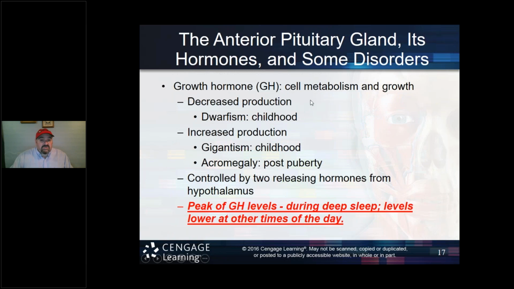So you see growth hormone, right? Pretty much as it's stated, you're thinking of the ability to stimulate production and synthesis of more of the structures of the body and aid in development.